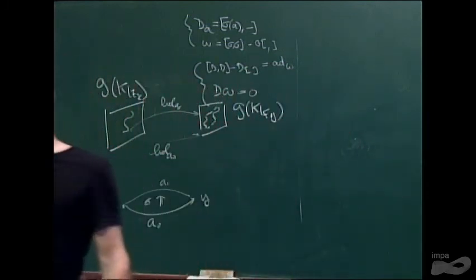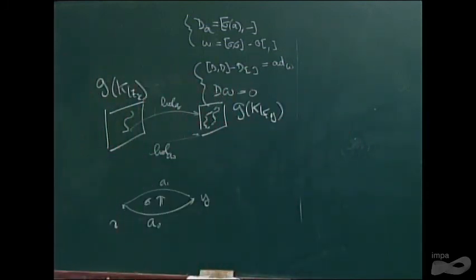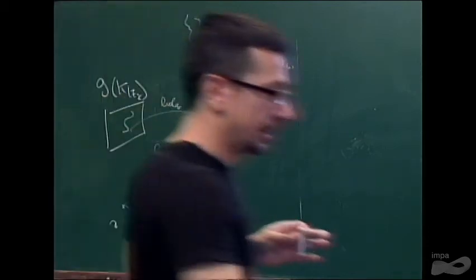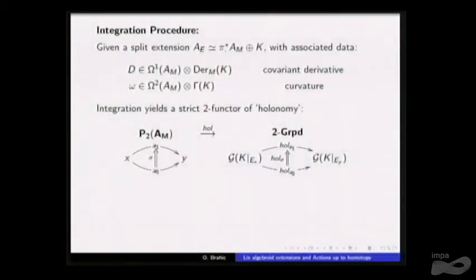And just to make a sanity check, look at what happens. I didn't give the formulas, of course, but morally what happens is that the holonomy along an A-path is the integral along A of D. Remember that D is a one-form with values in derivations.